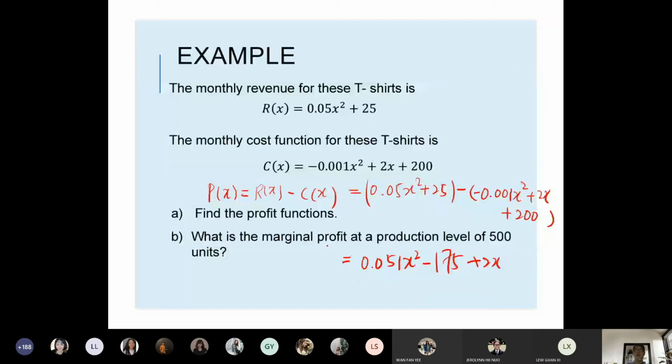How to find the marginal profit function at the production level of 500 units? First we do the differentiation. We are just doing a revision here. So what do we get?